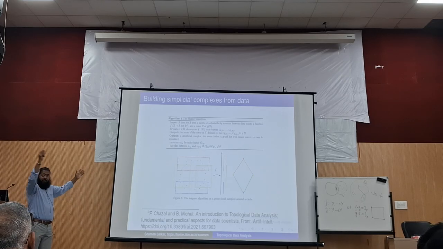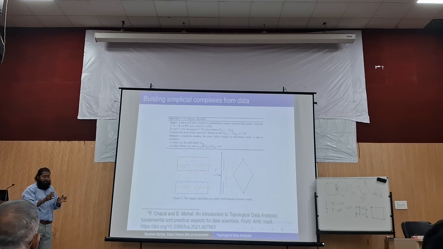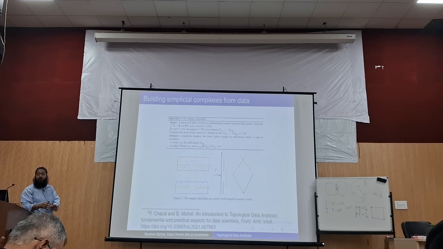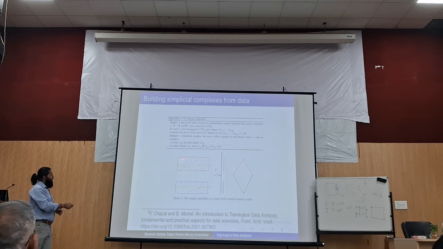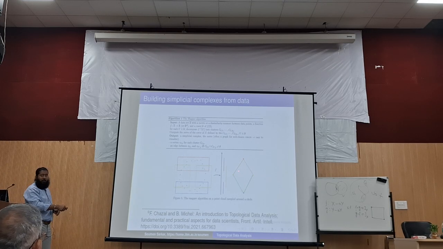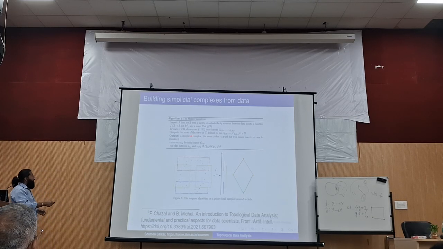If the data set is very huge, they do dimensional reduction, come to a somewhat lower dimension, and then find this clustering. This is a very easy example: 4 clusters, each cluster gives one node, and if there is an intersection, then there is an edge. So this algorithm says what the graph should be.